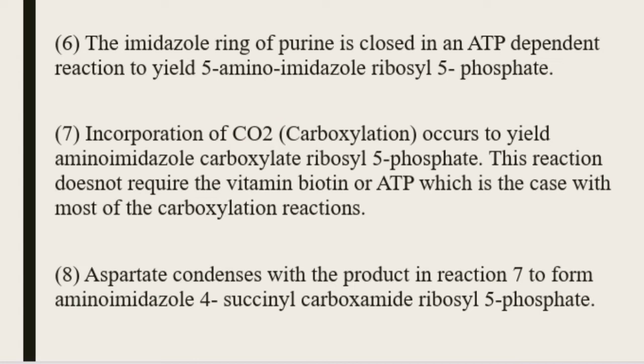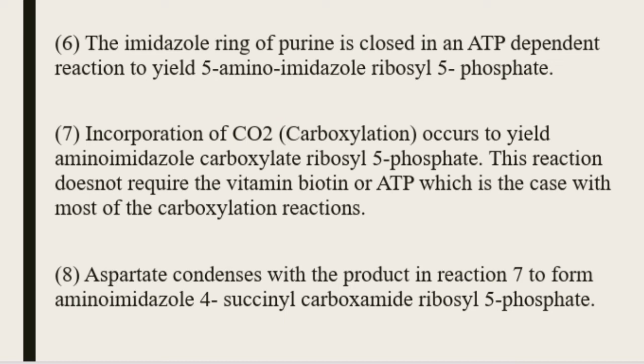Coming to the seventh step, that is carboxylation, which means incorporation of carbon dioxide occurs, and that results in the production of aminoimidazole carboxylate ribosyl 5-phosphate. This reaction does not require the vitamin biotin or ATP, unlike most other carboxylation reactions.